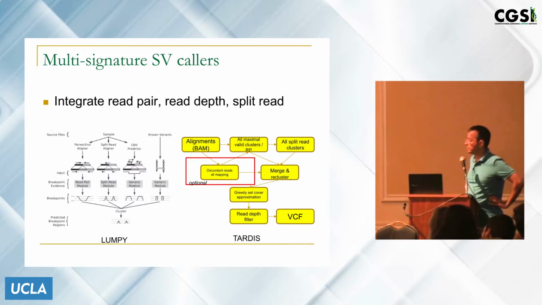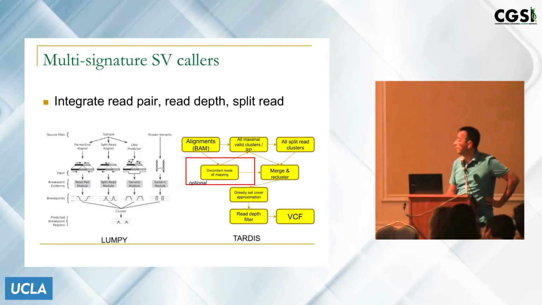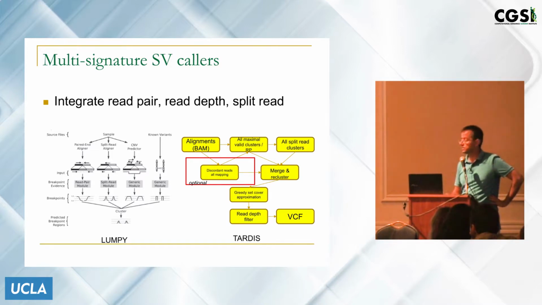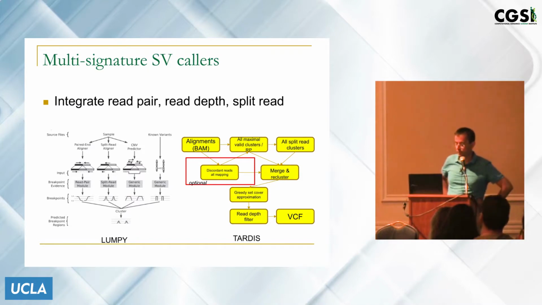So one of the first tools that did this was Lumpy. Basically, it uses those three different signatures separately. It first clusters the read pairs, then looks at the read depths, and then does the split read mapping, and then looks at the potential structural variants, and then clusters them together using a probabilistic framework.